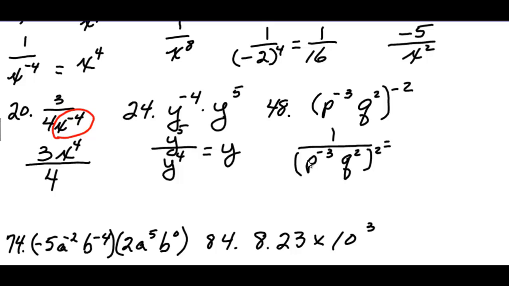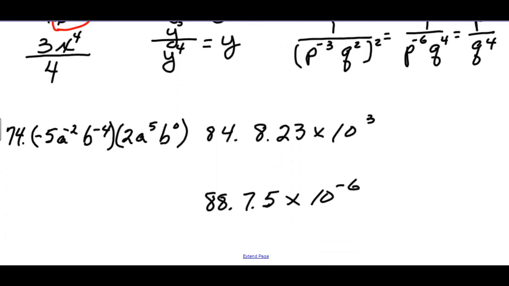This then becomes 1 over p to the negative 6 q to the 4th. But we are not allowed to have any negative exponents. That p needs to come up into the numerator in order to make it positive, p to the positive 6th over q to the 4th. So it's pretty simple, just maneuvering these things back and forth between the numerator and the denominator.